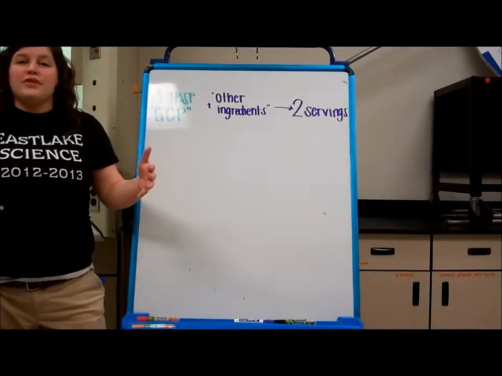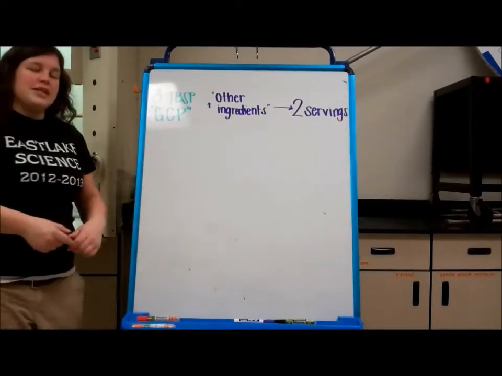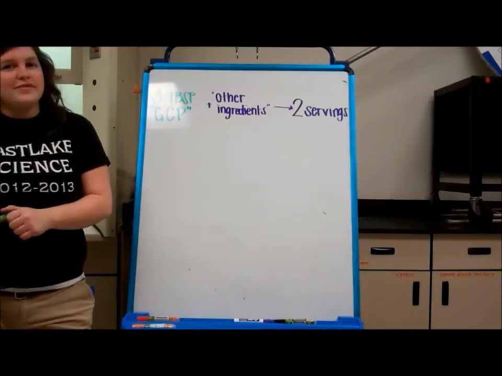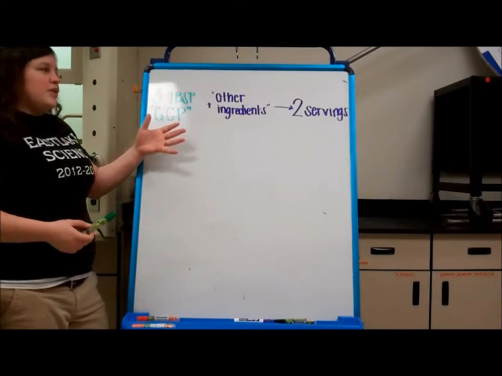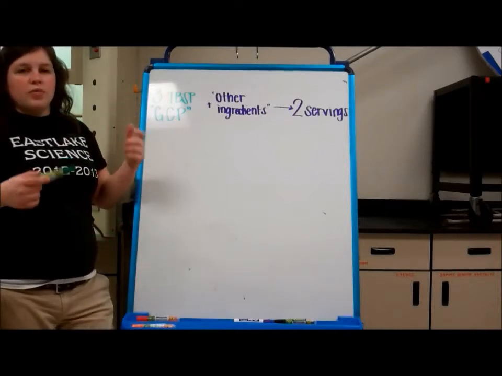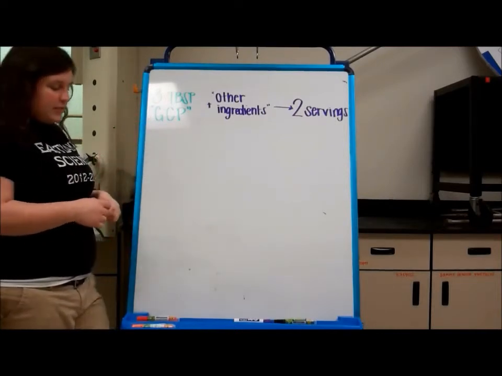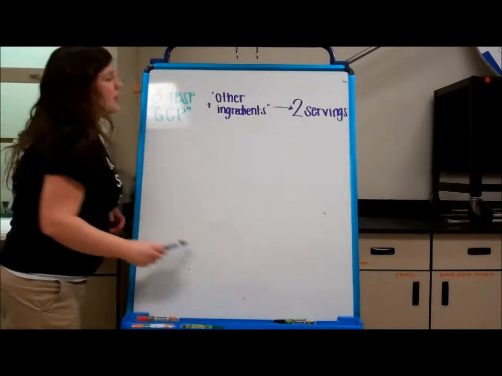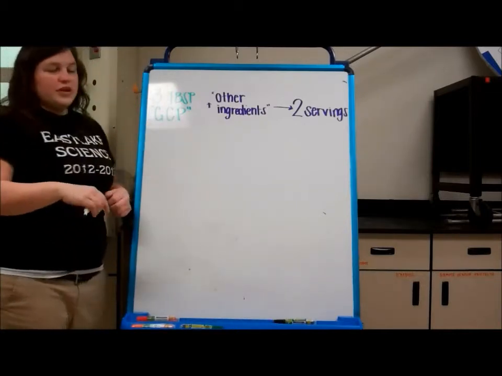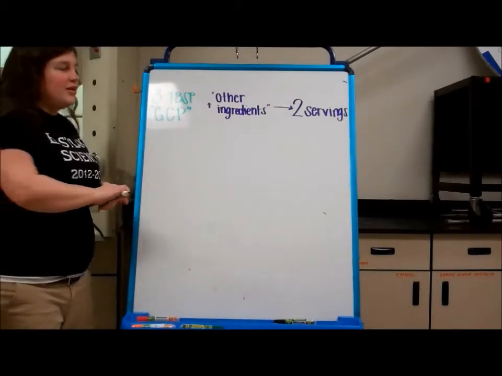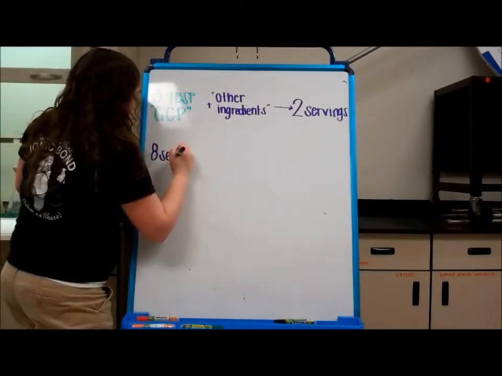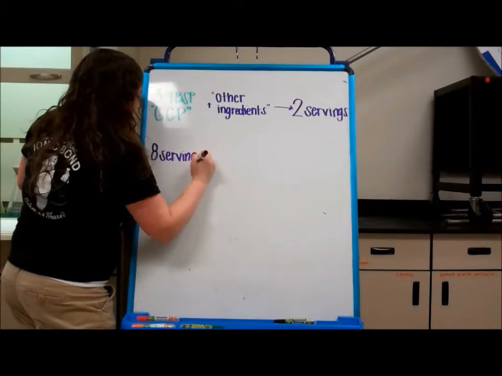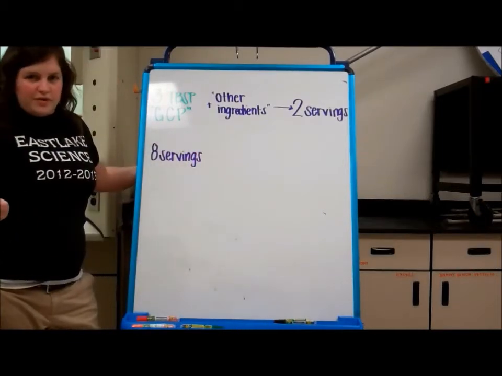So to make green curry, you also need those 3 tablespoons of green curry paste for every 2 servings that we're going to make. So we've taken our same equation and we've replaced our 1 pepper with the 3 tablespoons of green curry paste. And in order to figure out how much we want, we still take that 8 servings and then we set up our conversion factor.